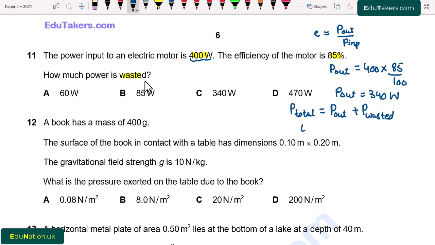So it will be equal to 400 is 340 plus power wasted. So it will be 60 watt. It means that 60 watt power is wasted here. So option A is correct.